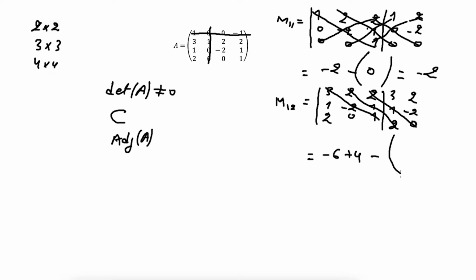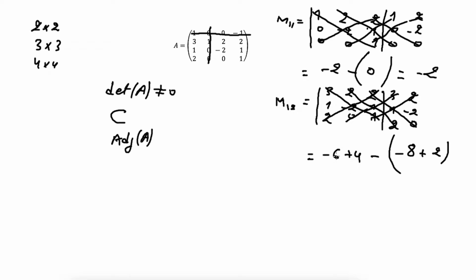This minus the product of this element here with this element here. So 2 times minus 2 times 2 is minus 8, and here 3 times 1 times 0 is 0, and here 2 times 1 times 1, which is 2, so it's plus 2.